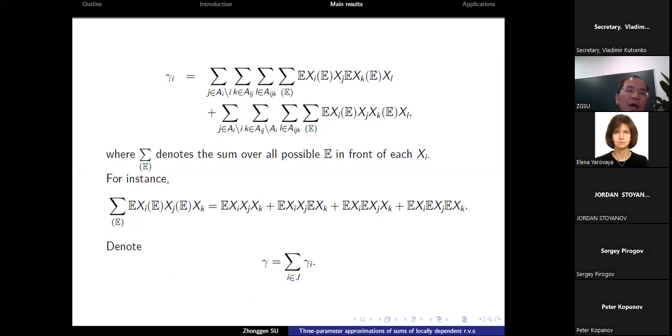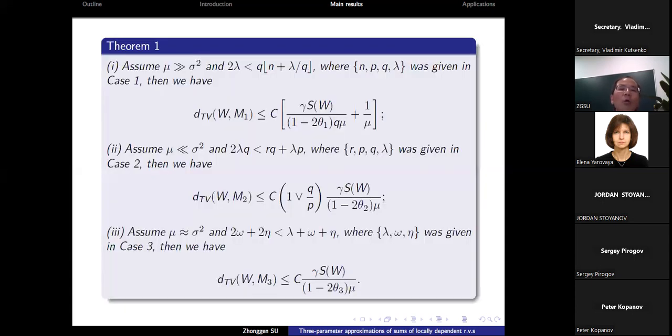Here is an example of notation. Now we give the following theorem. We consider 3 different cases according to the size of mu and sigma squared.